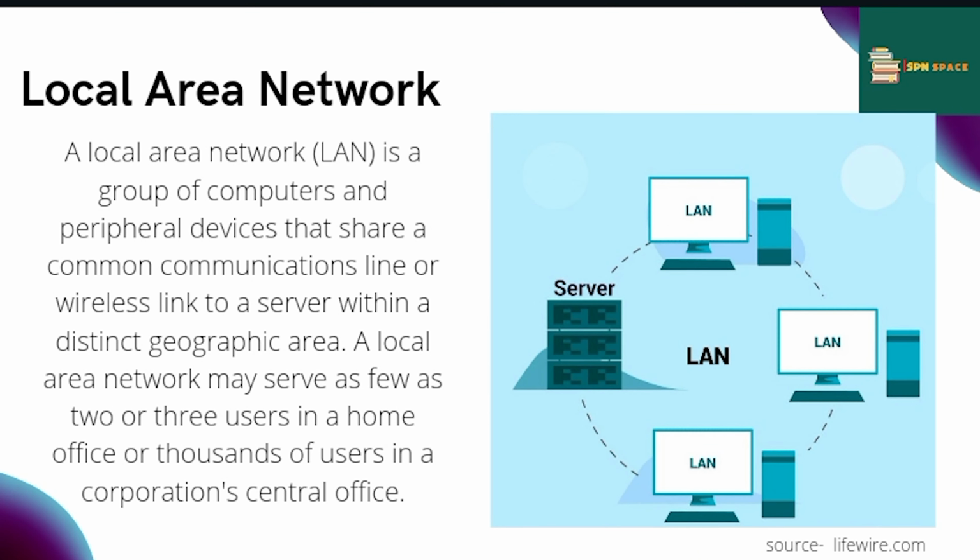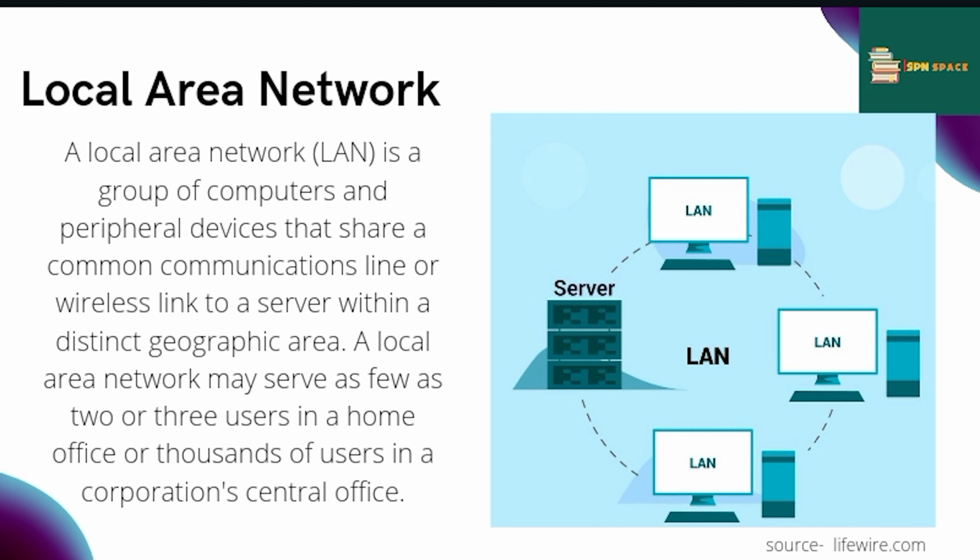Local area network, or the LAN. A local area network is a group of computers and peripheral devices that share a common communications line or wireless link to a server within a distinct geographical area. A local area network may serve as few as 2 or 3 users in a home office or thousands of users in a corporation's central office.